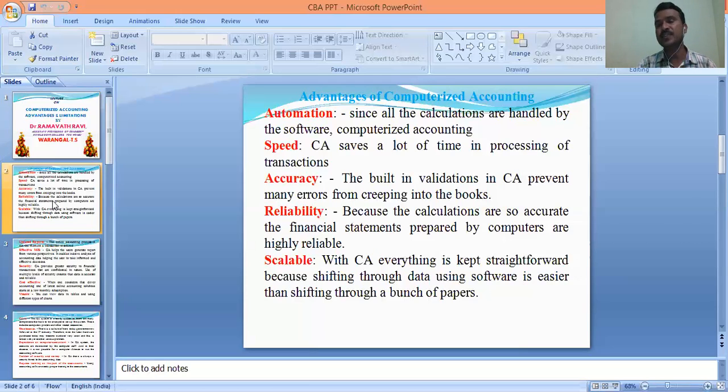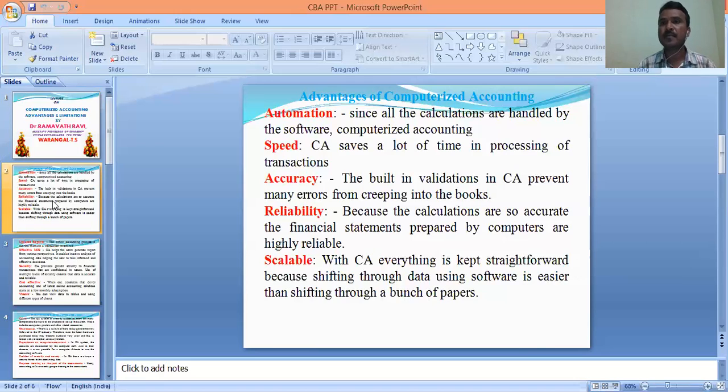And the calculation is also automatic. In manual accounting, we have to calculate each and every aspect one by one, but in computerized accounting it's default calculation. Whatever statements we need, it calculates easily. So this is the automation of computerized accounting.